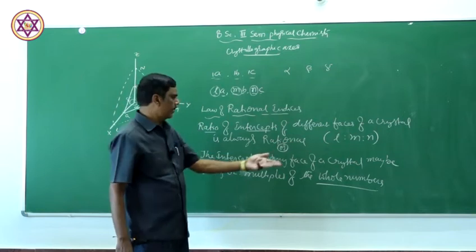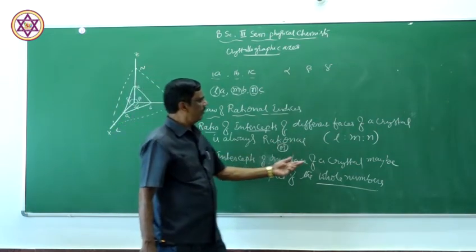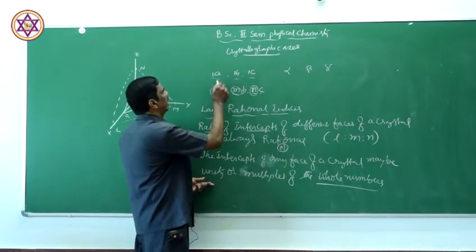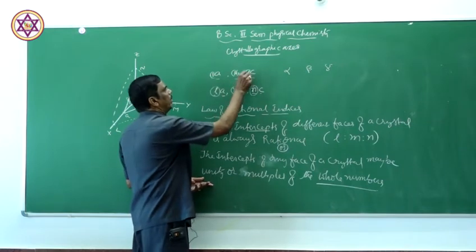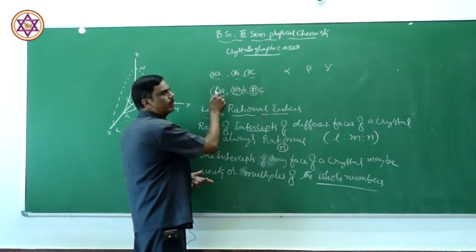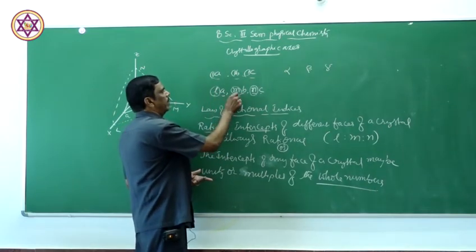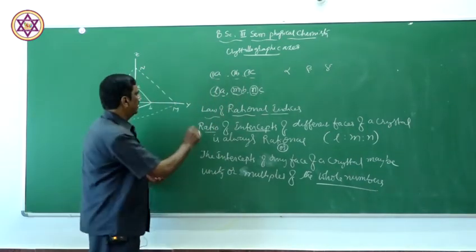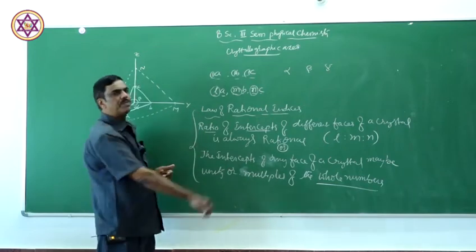Therefore, the intercepts of any face of a crystal may be unity, 1, 1, 1, or simple whole number multiples, 2a, 3b, 4c, like that. So, this is the law of rational indices.